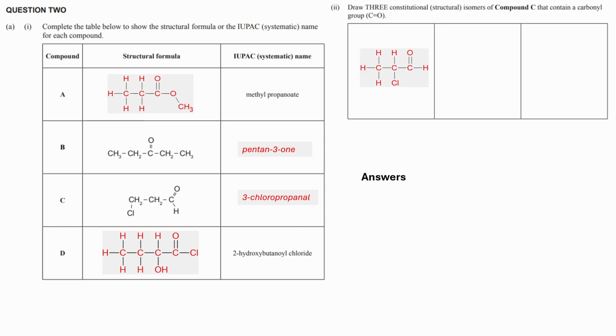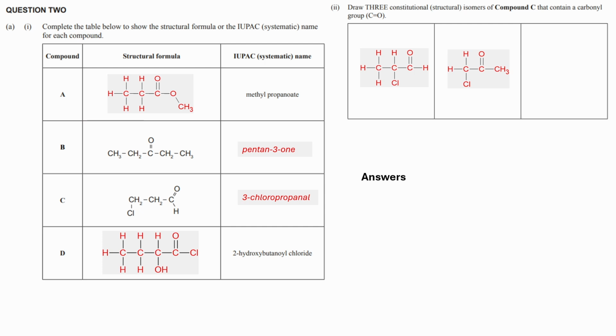There we go. That's our first constitutional isomer. Great work. The second one we could do is, well, you know what? We could take this double bond, instead of having it off the first carbon, we could put it off the second one. And here is another constitutional isomer. Exactly the same amount of atoms, just arranged in a different way.